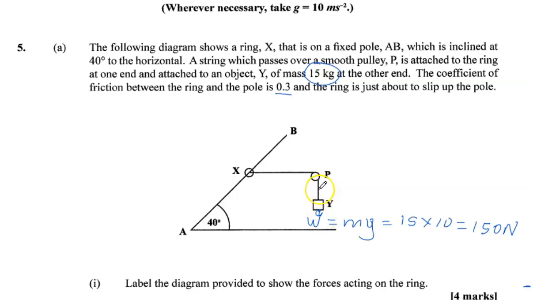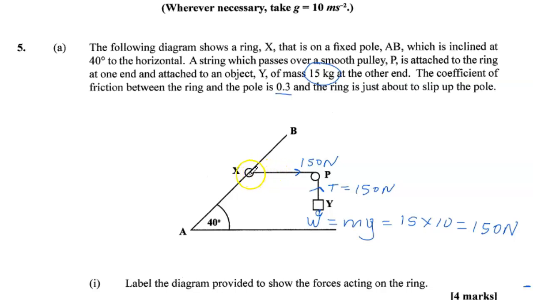Opposite to that would be the equal force, since the system is in equilibrium. The tension will be the same, 150 newtons, consistent right throughout the string everywhere. So you have 150 newtons pulling on the ring that's on the pole.